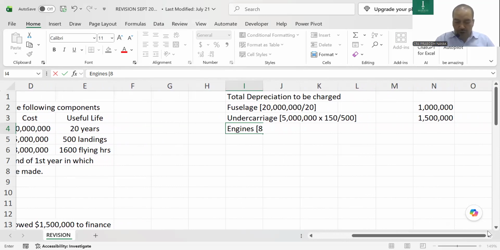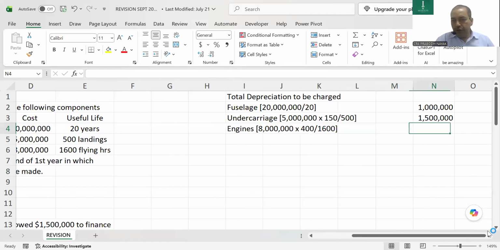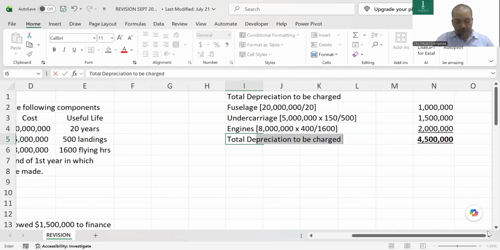So $8 million into 400 by 1,600 comes to $2 million. The total is $4.5 million. So that is your total depreciation.